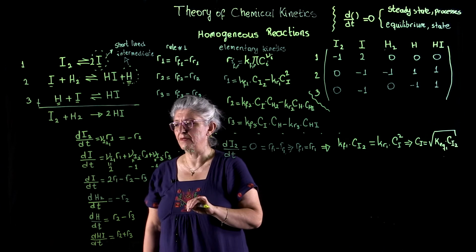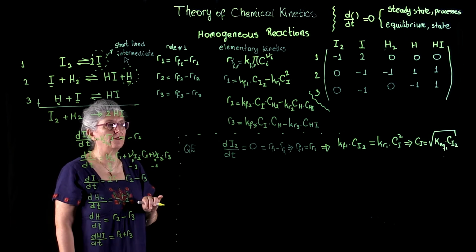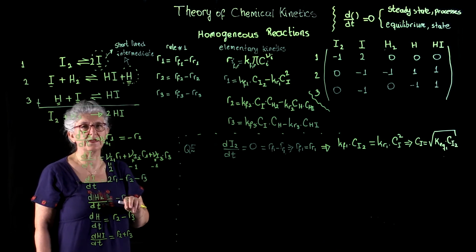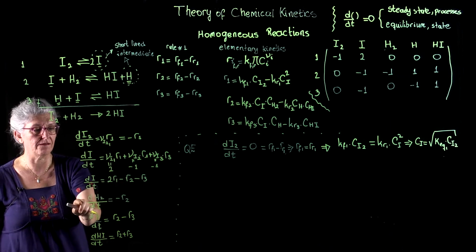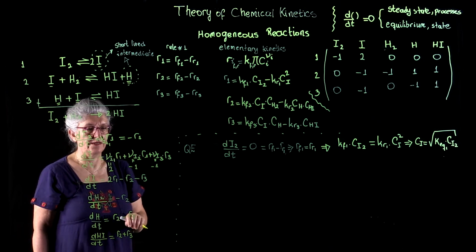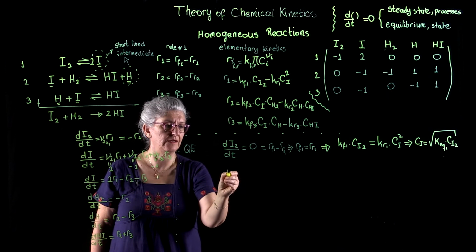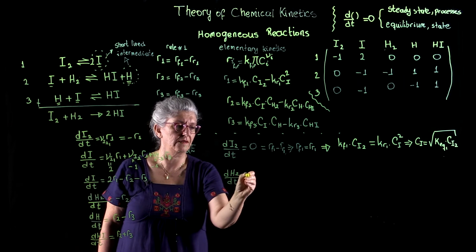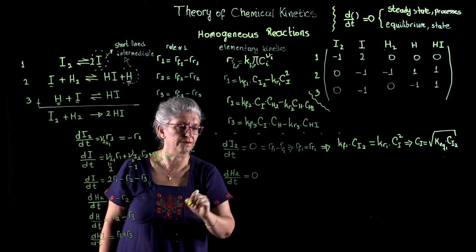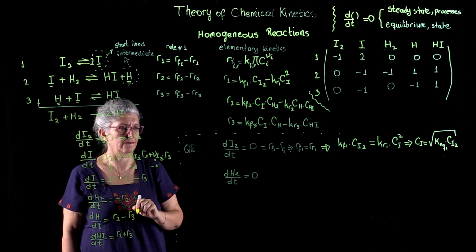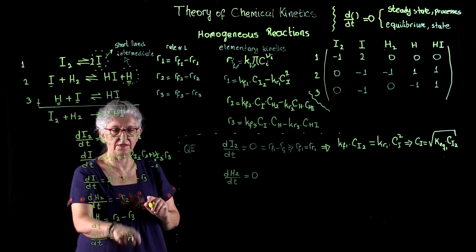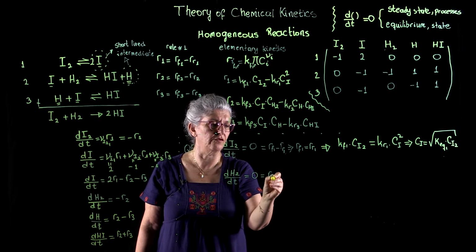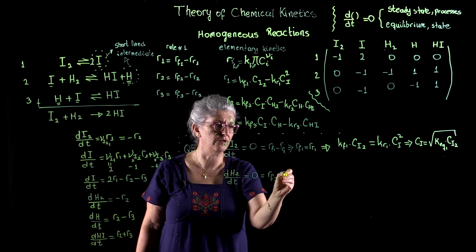Now let me see if I can do something similar for the steady state concentration of hydrogen. dC_H over dt is equal to 0. dC_H2 over dt is equal to minus R2, or it is R forward 2 minus R reverse 2.